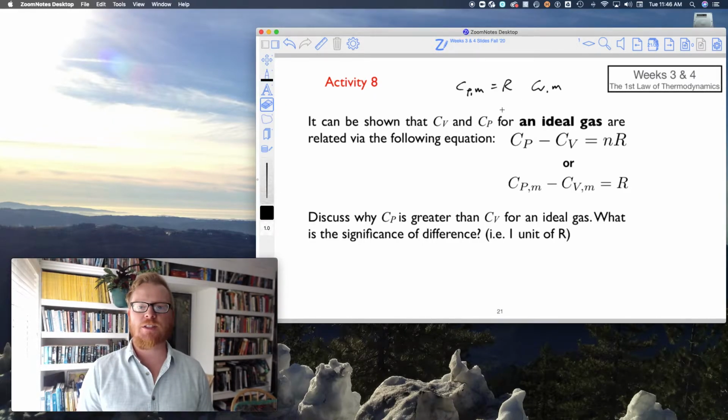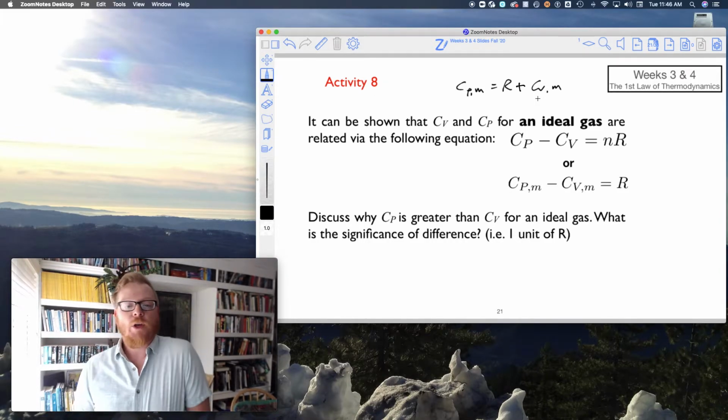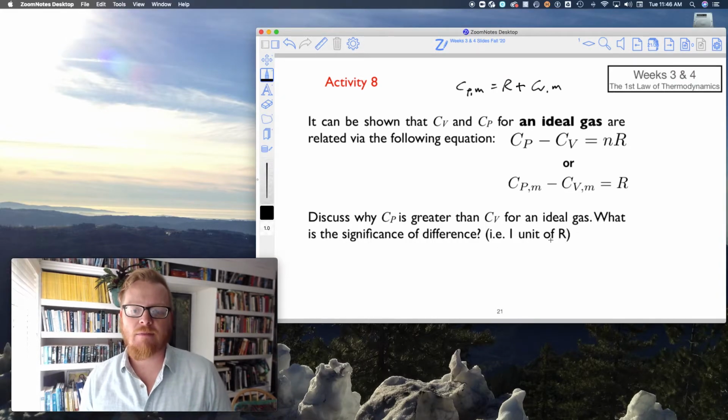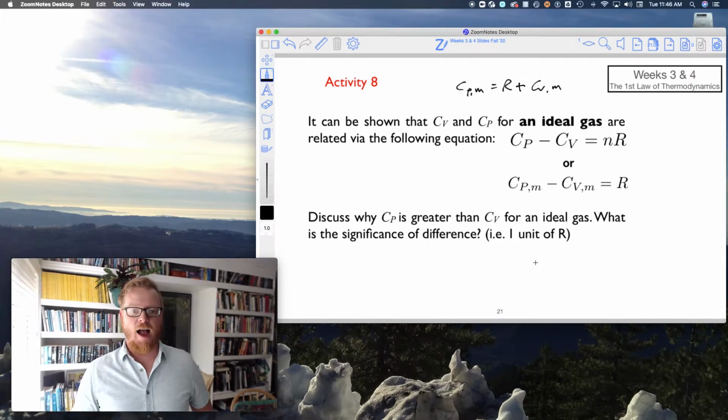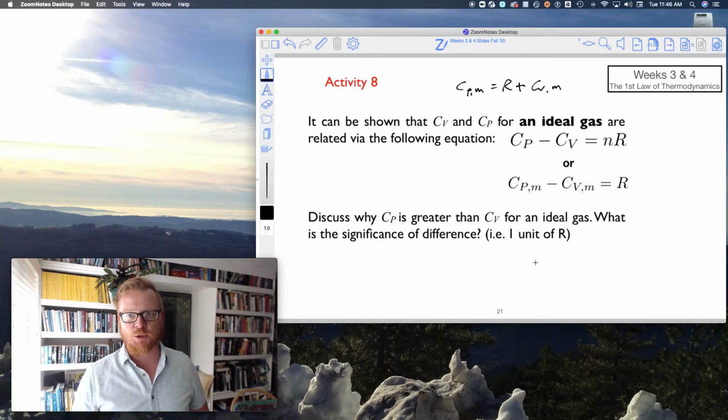So spend just a moment discussing or thinking to yourself, why is CP greater than CV? You notice it's greater by one value of R, so it's greater by 8.314 joules per mole per kelvin. Why is that, and what is the significance of that 1 unit of R? See if you can qualitatively or conceptually wrap your heads around that.